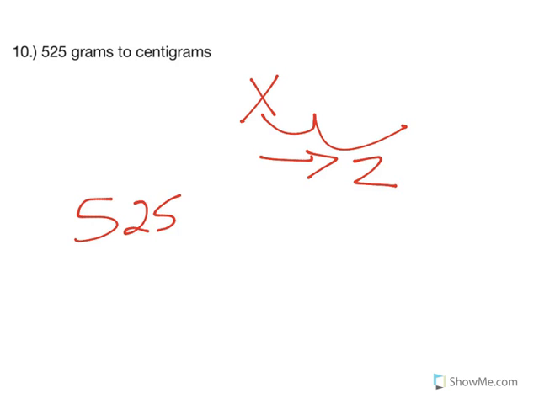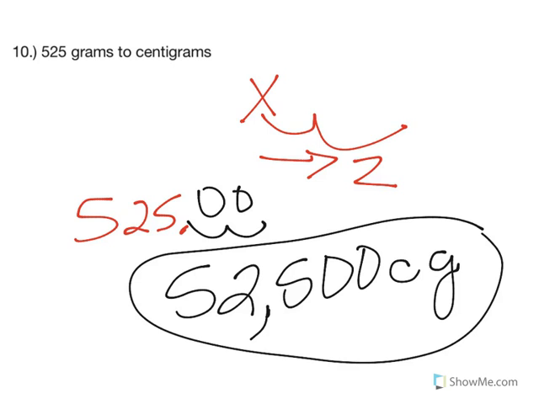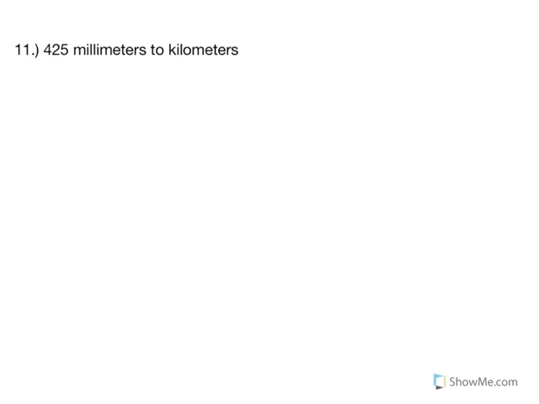Grams to centigrams. Well, grams is in the middle. Centigrams is 2 over. So we're going right 2. And so if I have 525 with a decimal at the end, I go whoop, whoop, 1, 2. And I'm at 52,500, make that a good comma, centigrams. And that is cg. All right, millimeters to kilometers. Well, if you remember, millimeters are way over here.